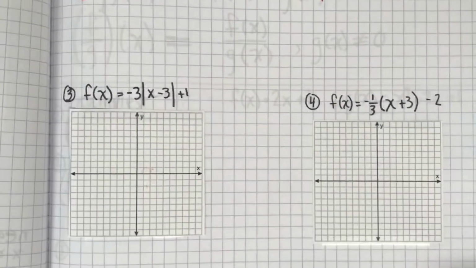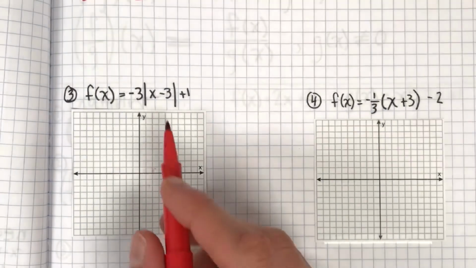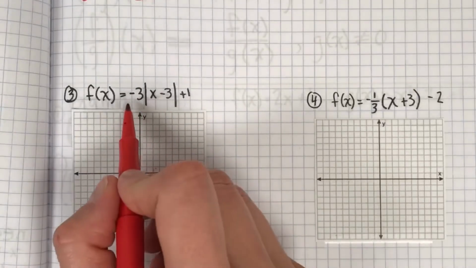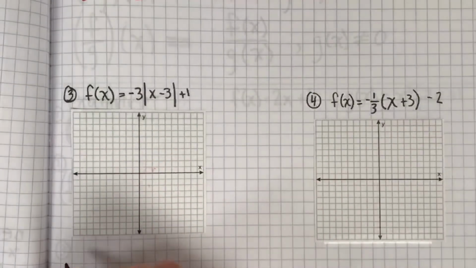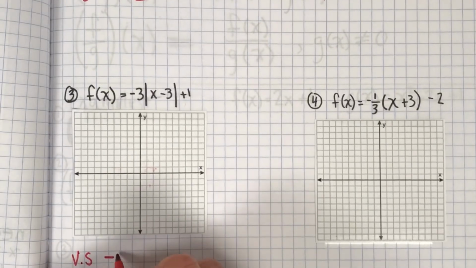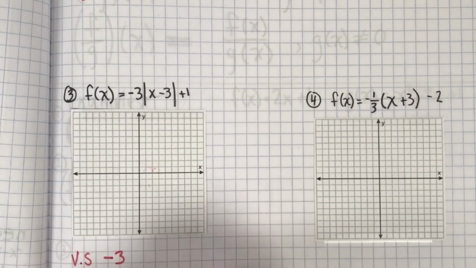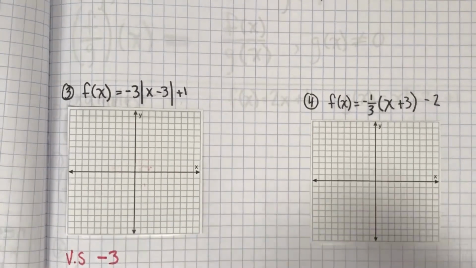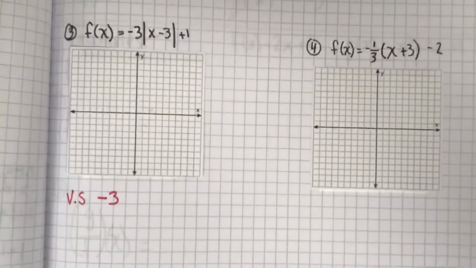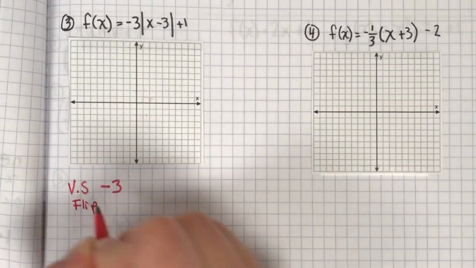Absolute value. Now this one has a whole bunch of transformations. So let's start with just going in order. This would be a vertical stretch, and this is -3. So sometimes you can just write -3, or you could say vertical stretch of 3, and it flips.